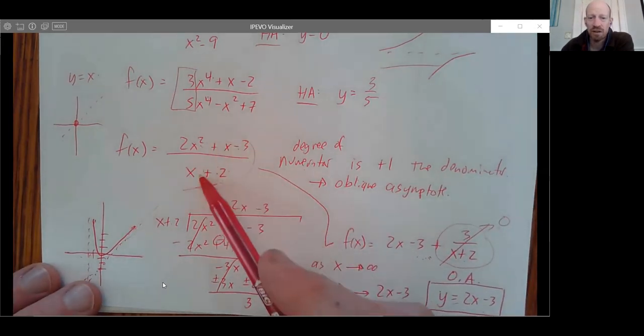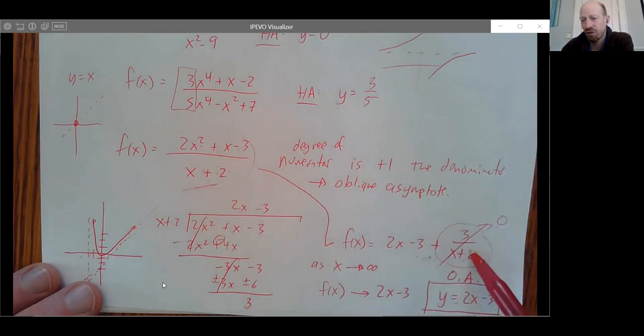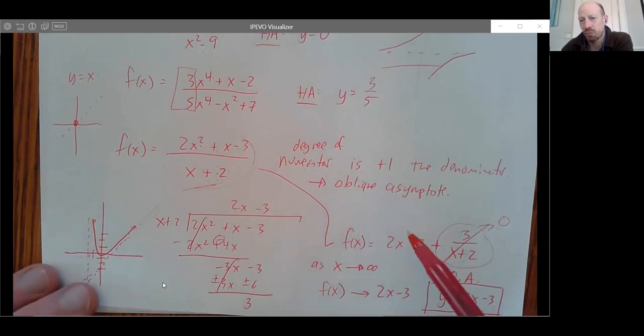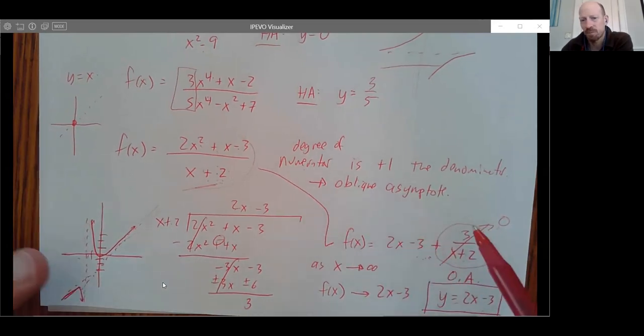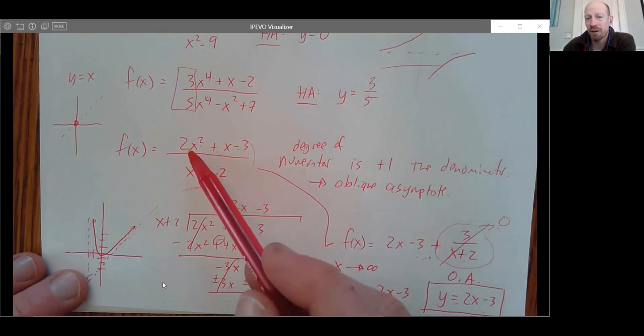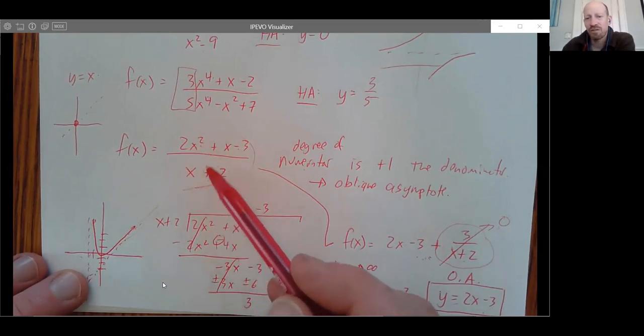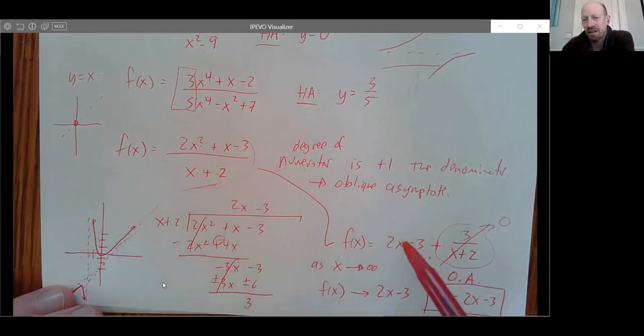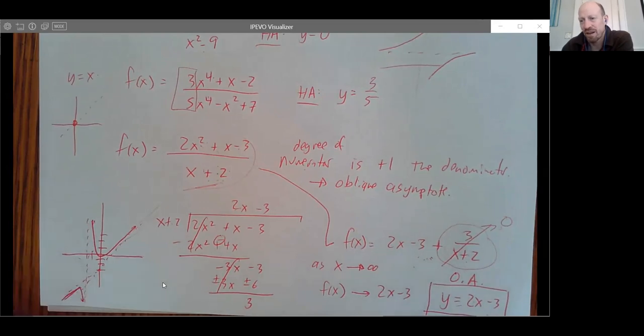So if you understand when you're dividing, you're always going to get this situation. You don't need to really see that, but that's why that rule happens. If the degree is bigger, if this is like x cubed over x, then when you divide, you'll get an x squared, and we don't consider that any kind of asymptote if it's not linear.